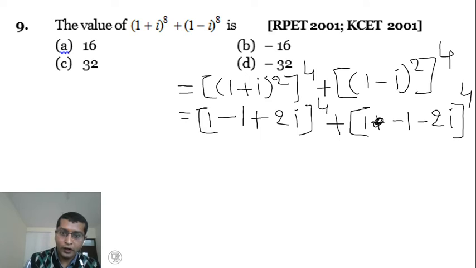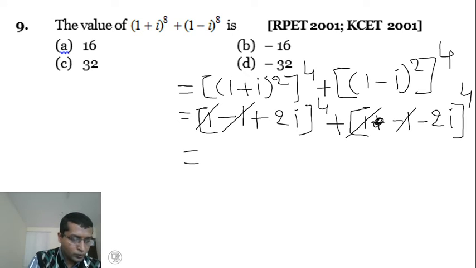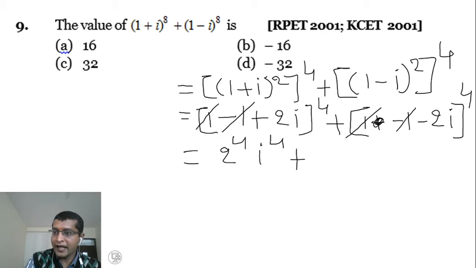So what we observe here, plus 1 minus 1 cancels, here also plus 1 minus 1 cancels, so 2 raised to 4 I write, and then i raised to 4. Similarly here, minus 2 raised to 4, then i raised to 4.